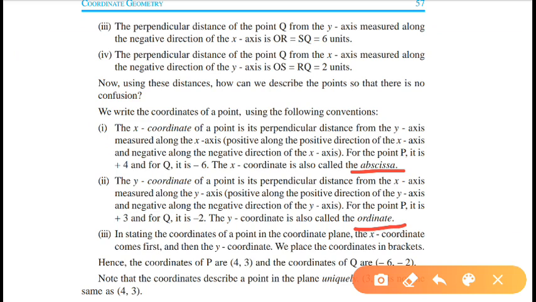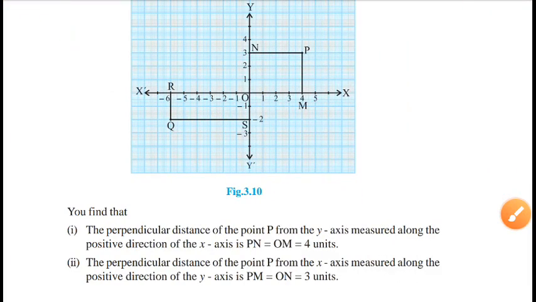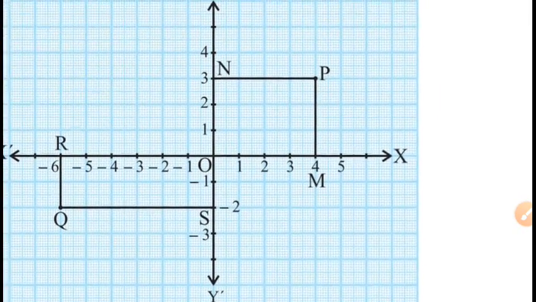So the x coordinate of a point is the perpendicular distance from the y-axis, measured along the x-axis, and is known as abscissa. Let us see what it actually means. And the y coordinate of a point is the perpendicular distance from the x-axis. It will be more clear when we see the graph. So let's see the graph.